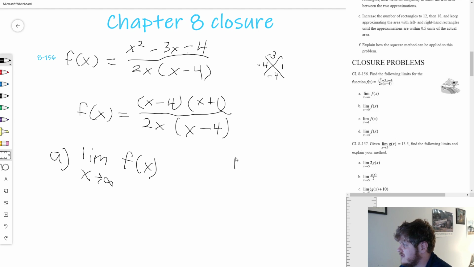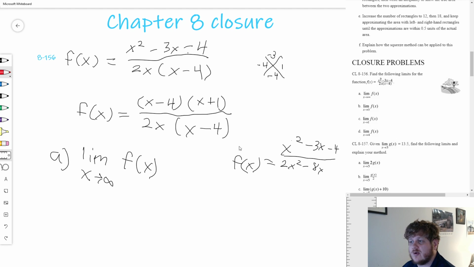So if we write it out, f of x equals x squared minus 3x minus 4 over 2x squared minus 8x. And since we're looking as x goes to infinity, if we remember about growth terms, these two leading terms are the only ones that are going to matter.